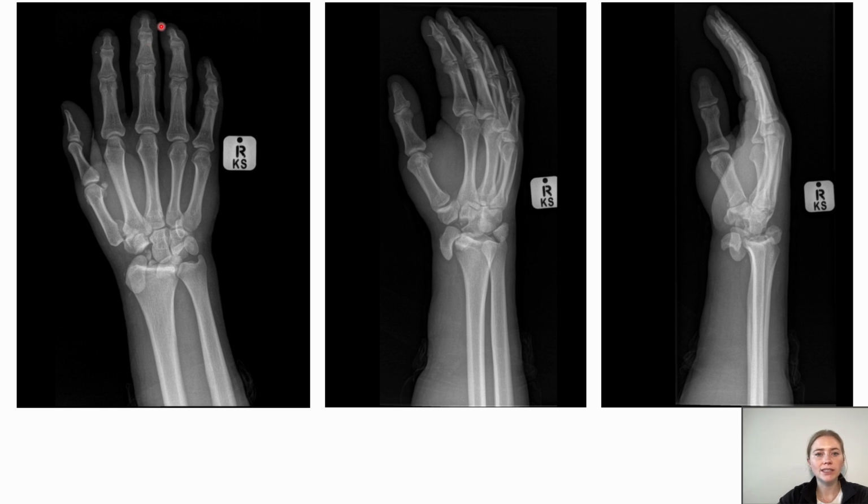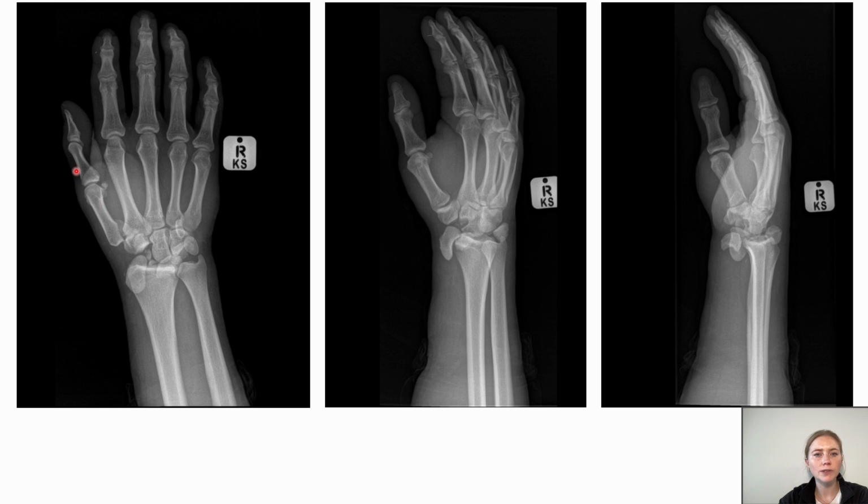Next, we start with the distal phalanges, and then we move on to the middle, and then the proximal. You can take your time with this, but we do not see any obvious injuries, no obvious fractures, dislocations. Next, we go down to the metacarpals.